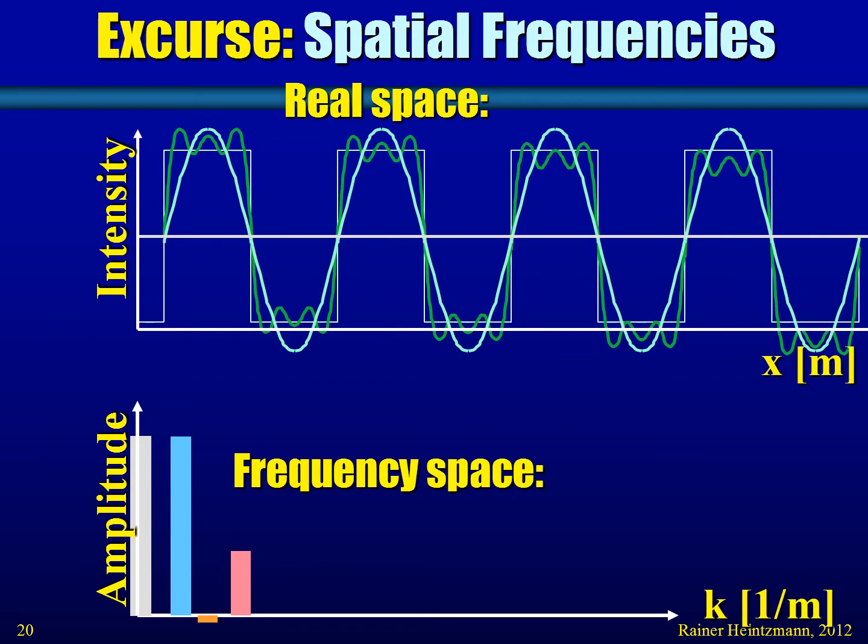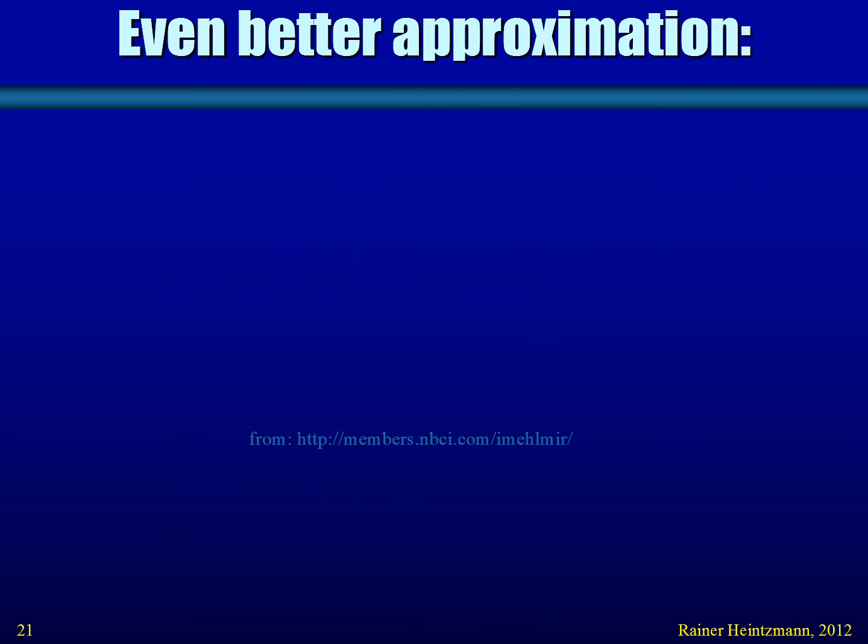And then you can go on and on and add higher frequencies. In this particular case, you will find that only the odd harmonics will contribute, and you can get better and better approximations to the original signal by adding sine components. So this is to motivate that a periodic signal can be decomposed into sine waves.